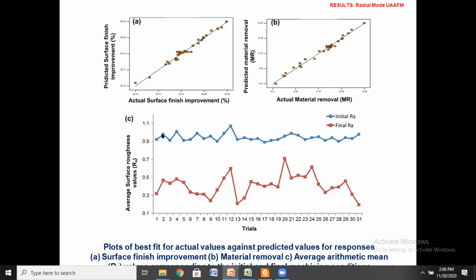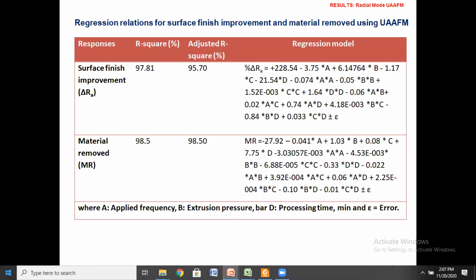Here you can see these are the trials, up to 31 trials, what initial RA is maintained and what final RA is achieved. You can see some ups and downs, some better finishing and some rough finishing, from the trend graph, right? So the regression analysis is also conducted.